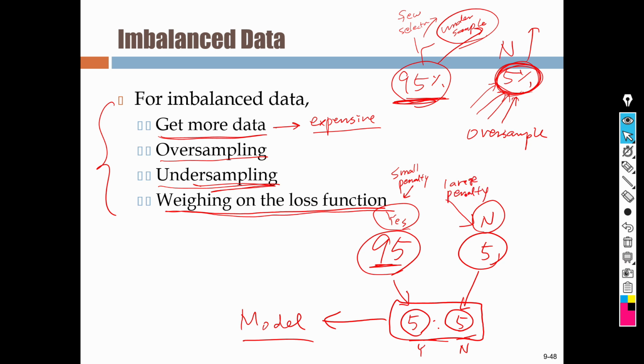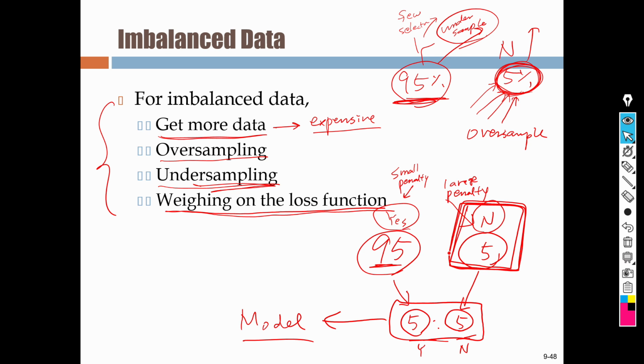Then the model, trying to minimize the penalty, will spend more effort trying to predict the no more accurately, right? So when you train using this loss function, if you give a high penalty on a false no, then during the training the model will try to reduce the false negatives.